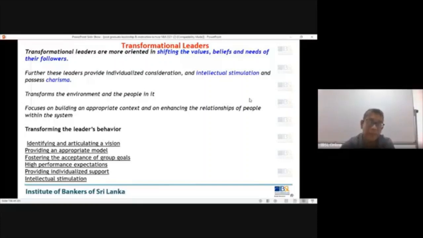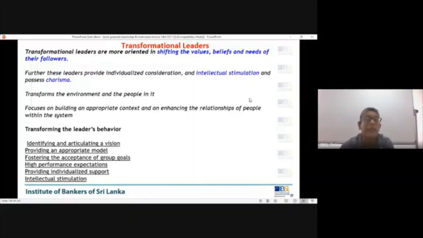Apart from the other three new contemporary leadership styles, today people are considering transformational leadership. The people who demonstrate the transformational leadership style, we call them transformational leaders. What they are trying to do, very simply, is change their subordinates as well. That's the important part, right?